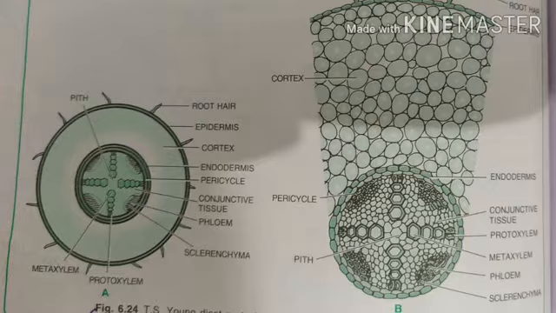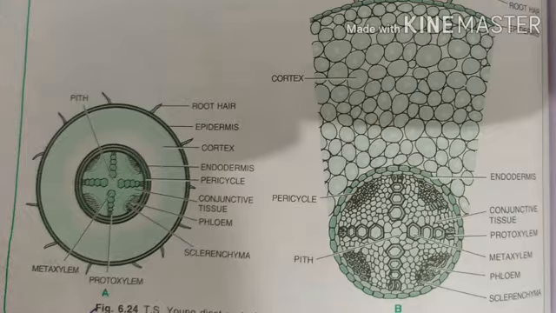Root hairs are unicellular structures, and next to it is the cortex. The cortex makes up the major part of the root body, and it consists of several oval or round shaped thin walled parenchymatous cells, and if you observe carefully, intercellular space is present.